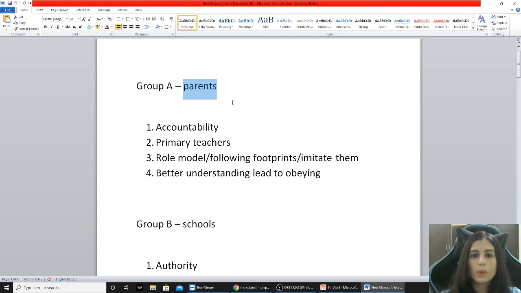So it's always going to be, if you think logically, the role of both parents and school teachers or the school administration to ensure that the children or the students come out to be good citizens or good members of the society. So if you're deliberately saying that 100% support should be given to parents or 100% support should be given to schools, that's going to be incorrect. You won't even have enough points to elaborate, right?